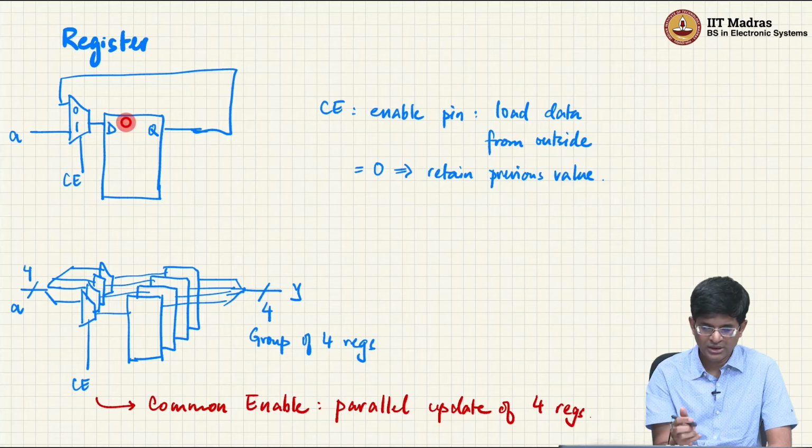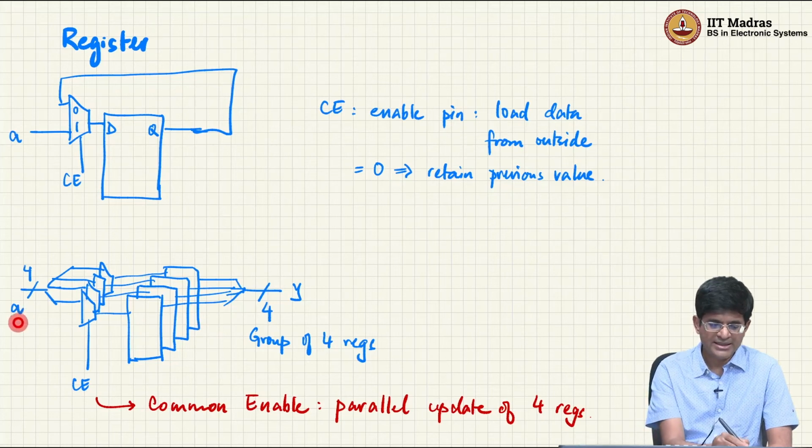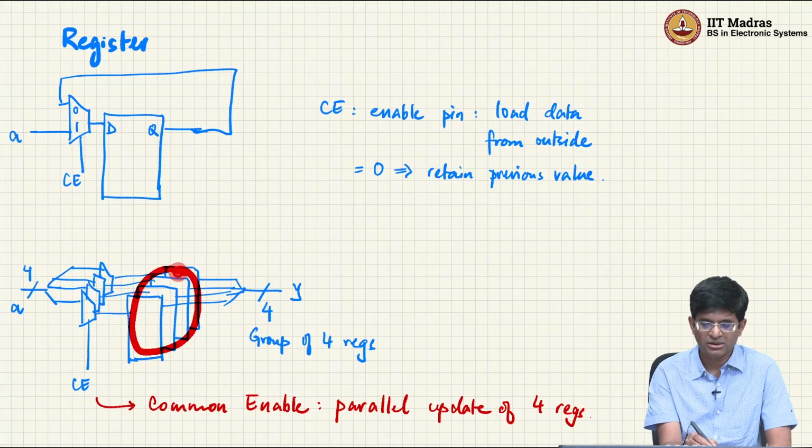So far looks good. I can now take several of these registers together, just physically place them near each other if necessary, and then say, okay, I have a 4-bit A. I take those 4 bits and basically split them out and connect each one to a mux like this, and then after that into a register, right.